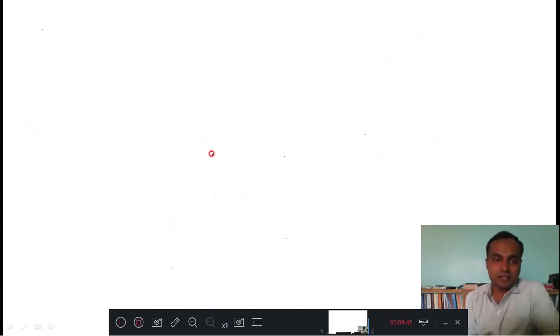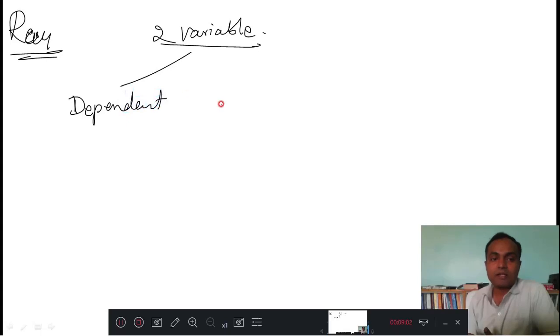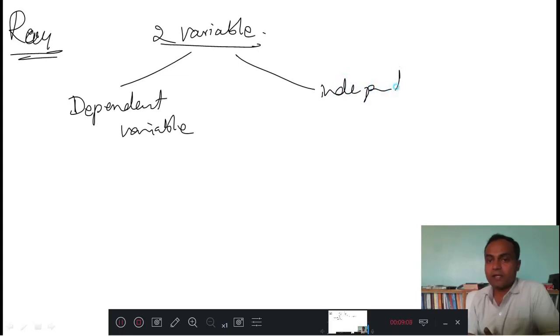Understood? The same way, in Rayleigh's method, we will have two variables. The first one is the dependent variable, and the second one is the independent variable.